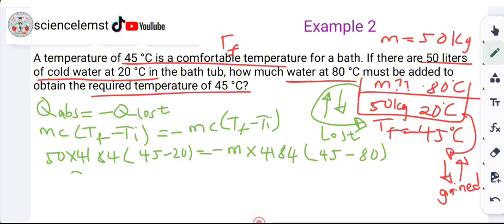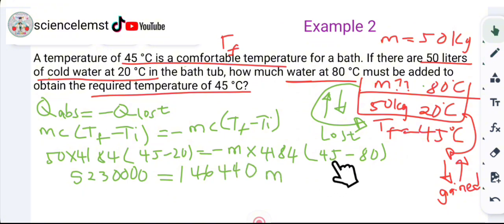So this side I have 5,230,000, which is equal to 146,440 m. Remember, 45 minus 80 is going to give us a negative value. That negative is going to be cancelled by this negative. This is why our answer is positive.